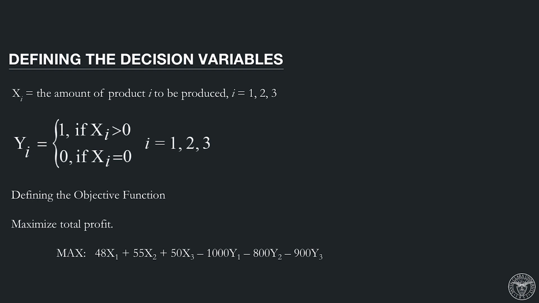It means we are going to set up the machine. But if xi equal to 0, we don't need to produce anything, and definitely we don't want to set up the machine, because once we set up the machine, we are going to incur the setup cost.